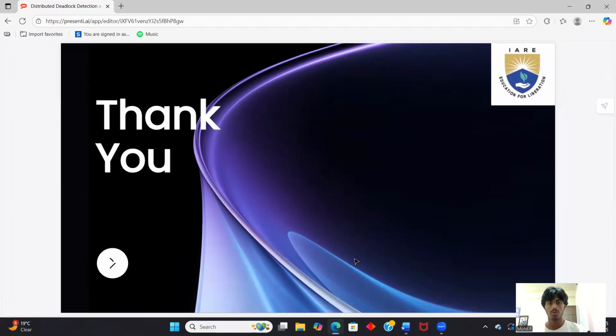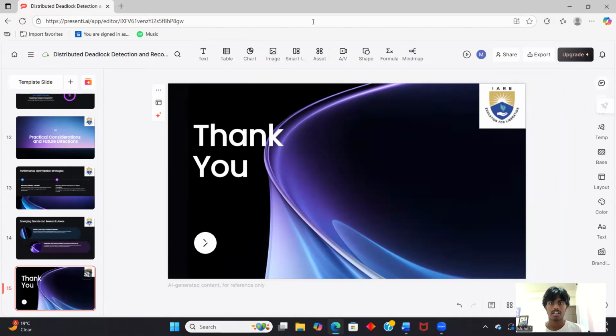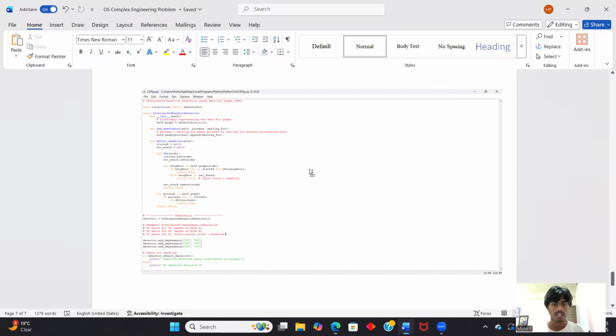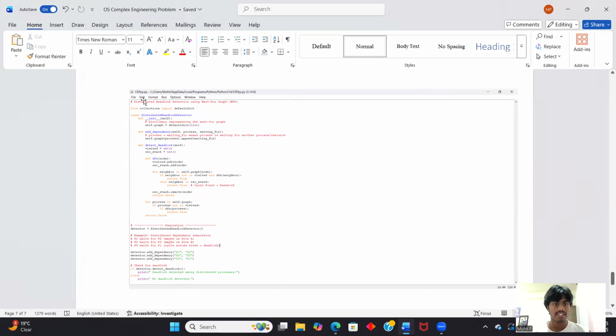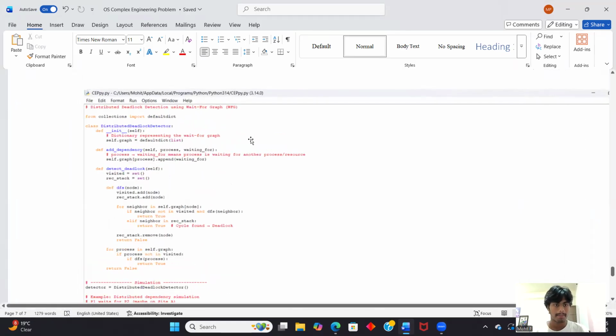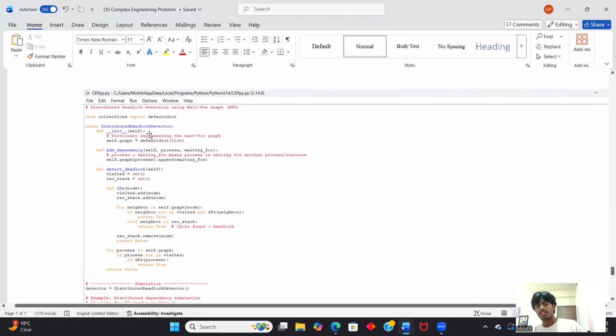Now we'll be looking at the code given to us. We have distributed deadlock detection using the wait-for graph method. Using Python collections, I've initialized my graph and appended the processes.